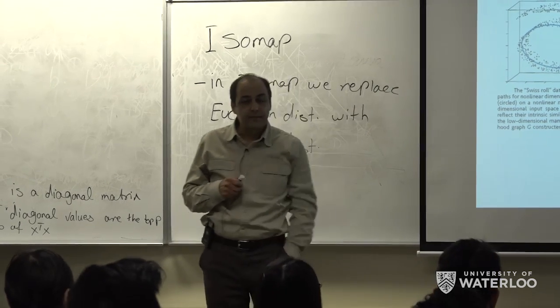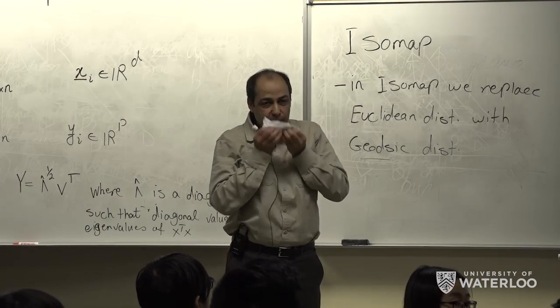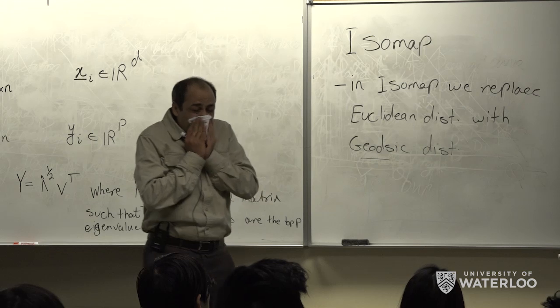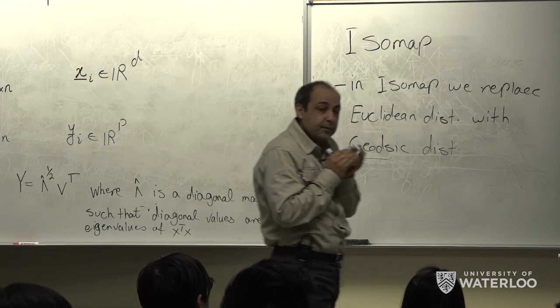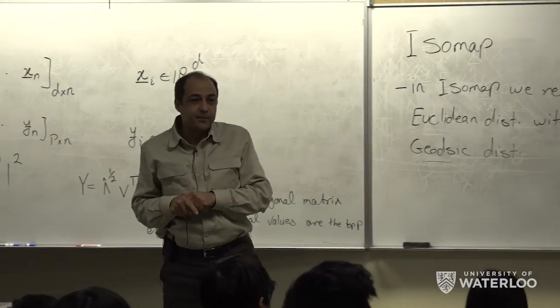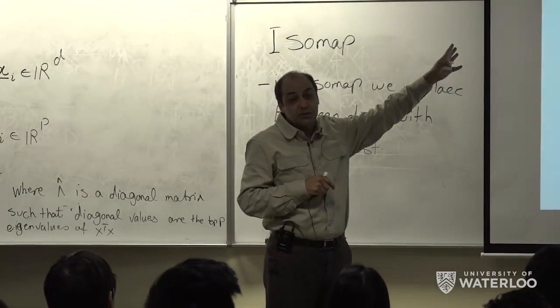Yes? So this algorithm would be incredibly slow to compute, right? Yes, for every pair of points, something huge. Right. Yes, it is incredibly slow. But don't forget that this is the first solution to the problem.